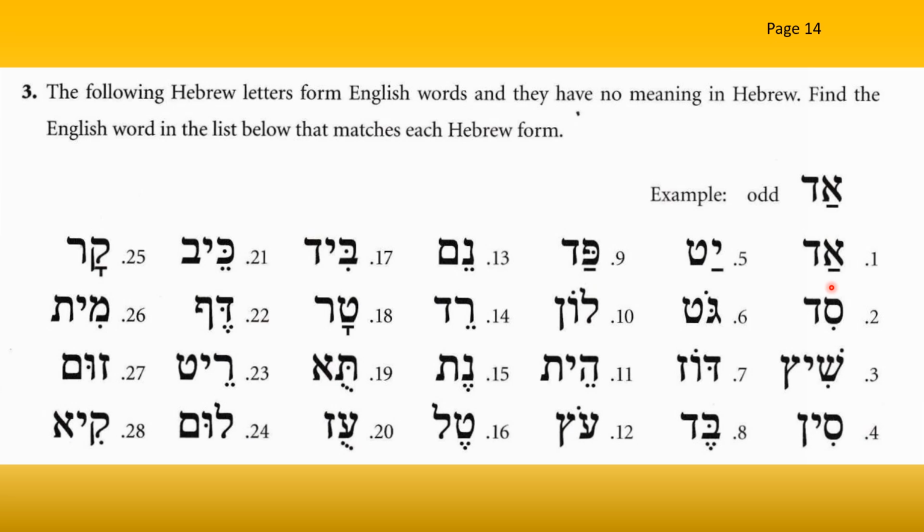So here we have odd, and then we have seed.